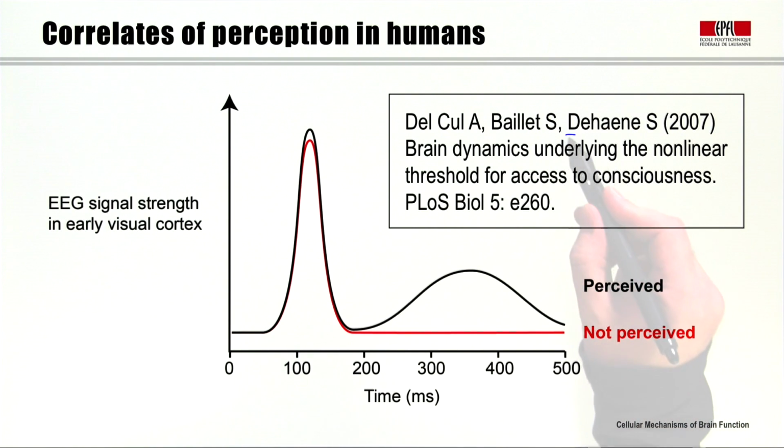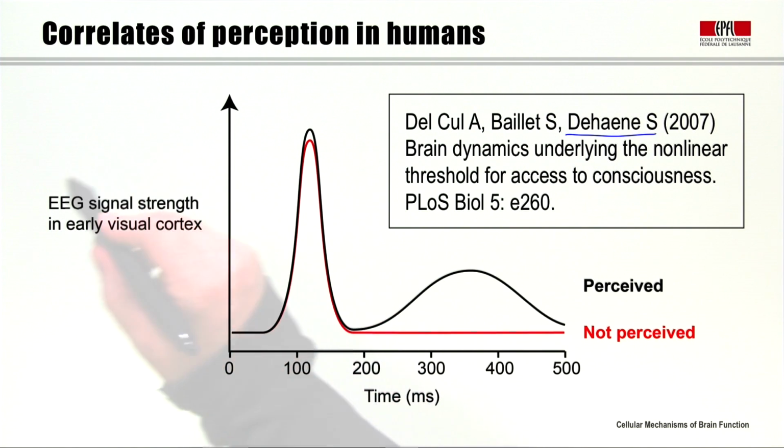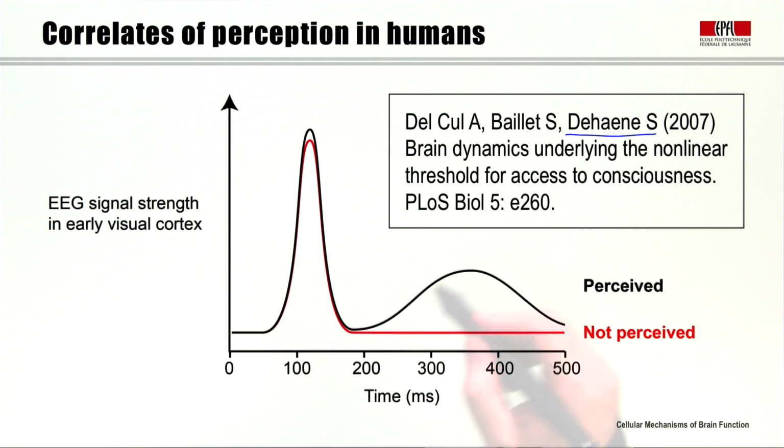And so here in the work of Stanislas Dehaene and co-workers, he has made measurements of the human EEG signal across early visual cortex and has given visual stimuli that are just at around the threshold for conscious perception. And so some trials are perceived, and that's indicated by the black trace, and other trials are not perceived, and that's represented as the red trace.